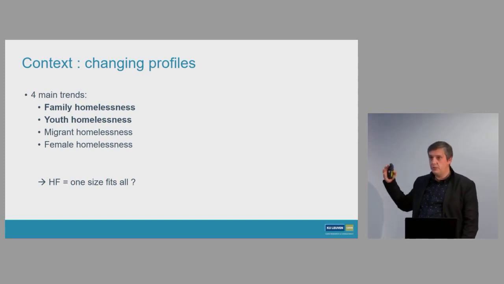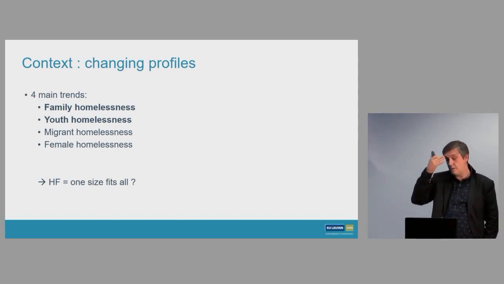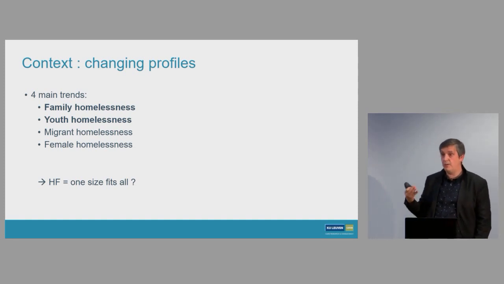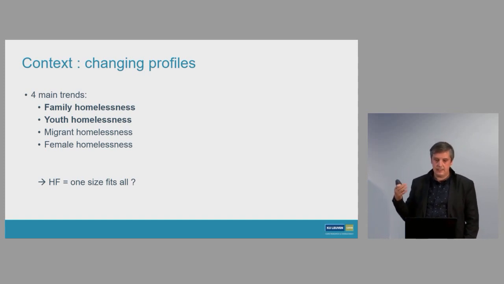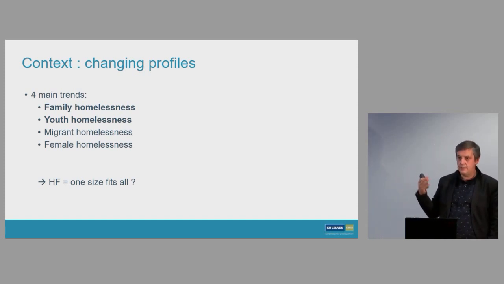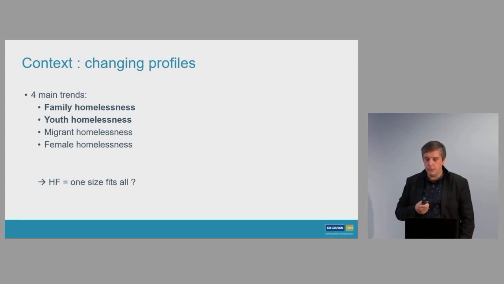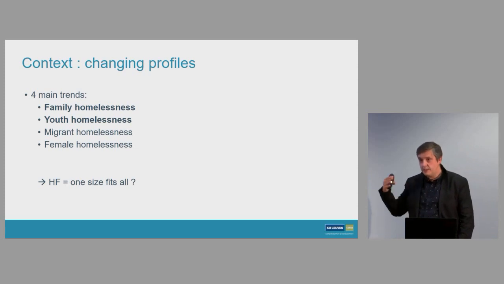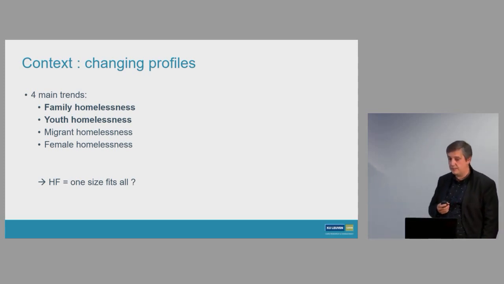But I showed you the numbers earlier on. What we see throughout Europe is a growing number of homeless people, an estimated 700,000. We don't only have an increase, but we also see changes in the profile of homelessness.